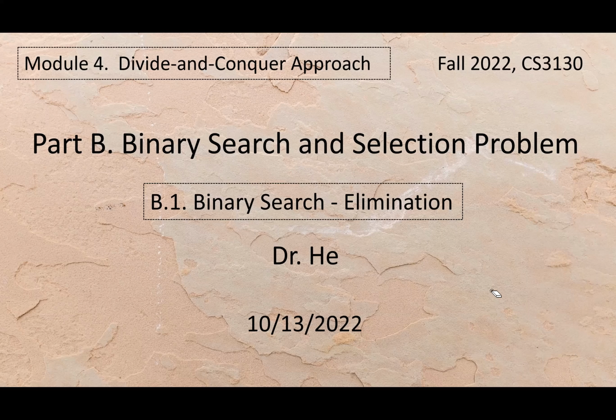I think everyone here is familiar with binary search, but here we study it using the divide and conquer approach. It is a basic fundamental search algorithm, very important, so let us study it another time and try to get a very good understanding.